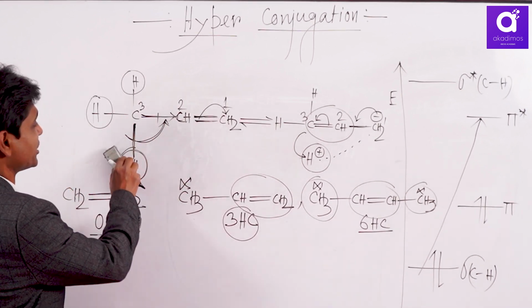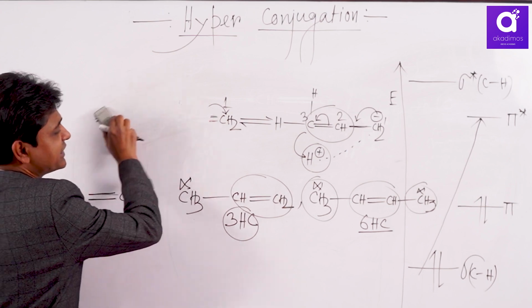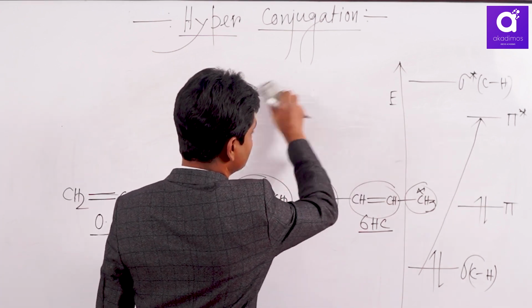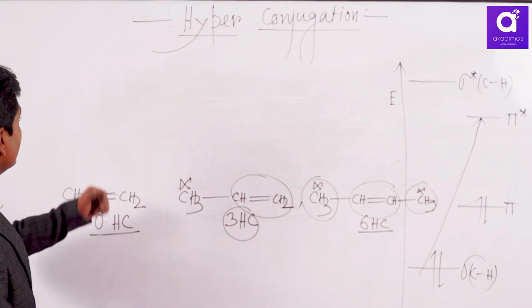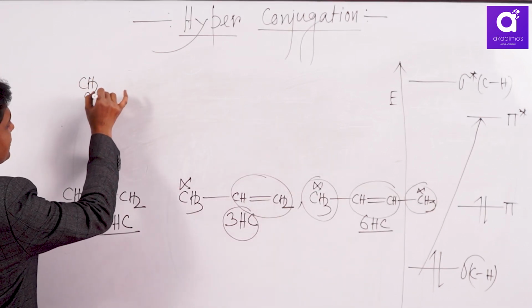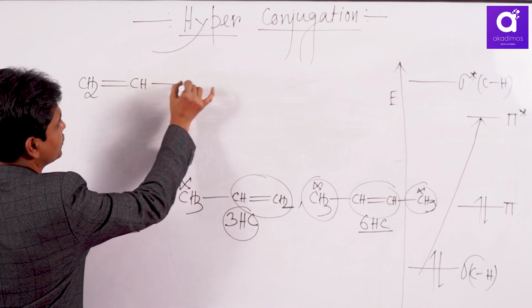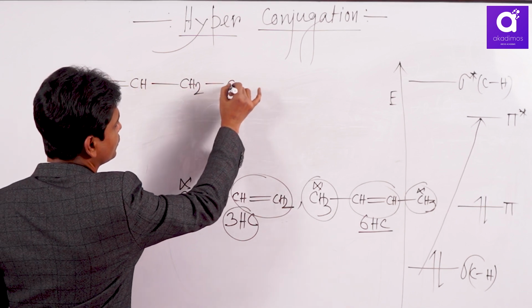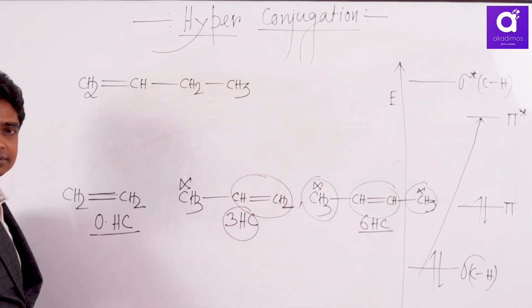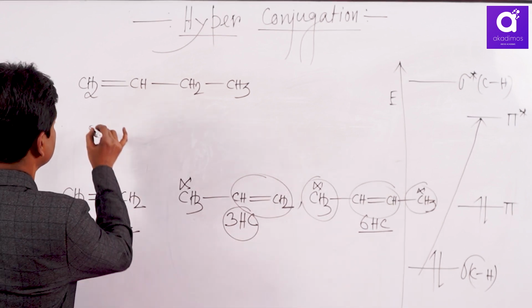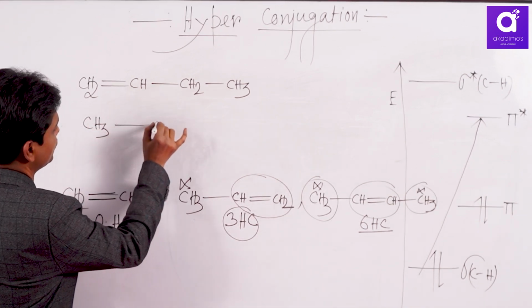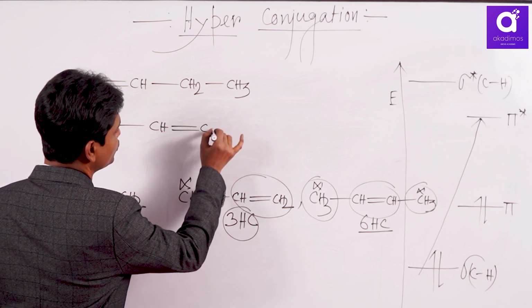Now the better comparison, if I take different isomers, see, you know, this is but-1-ene. It's another isomer, but-2-ene.